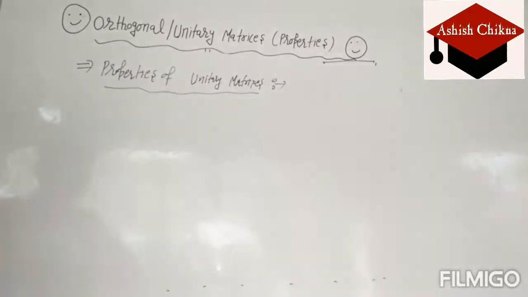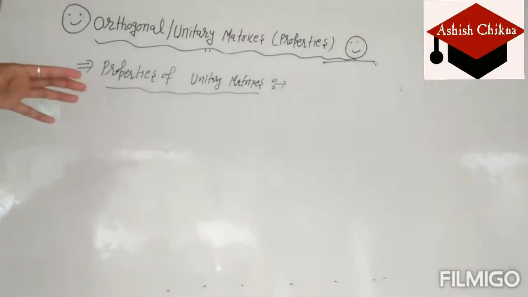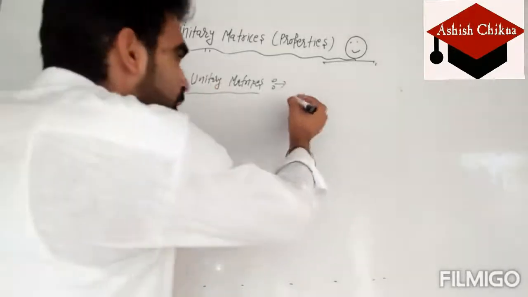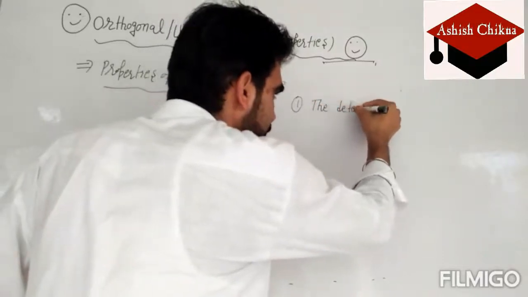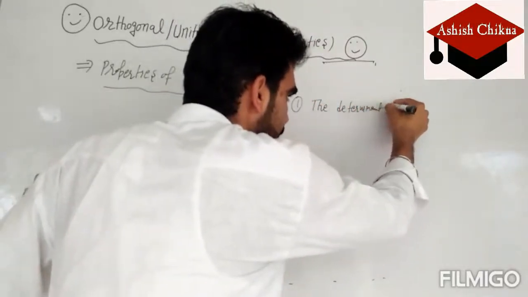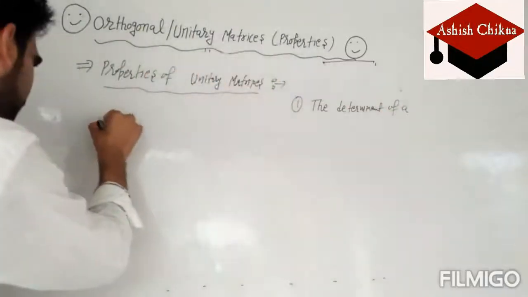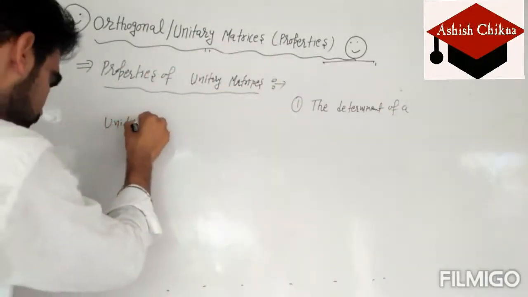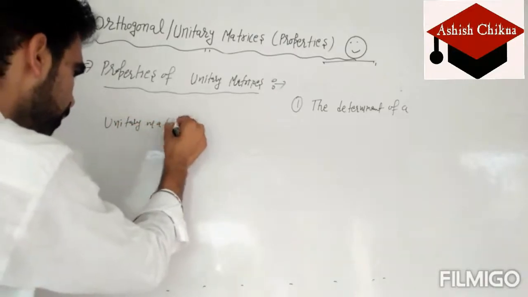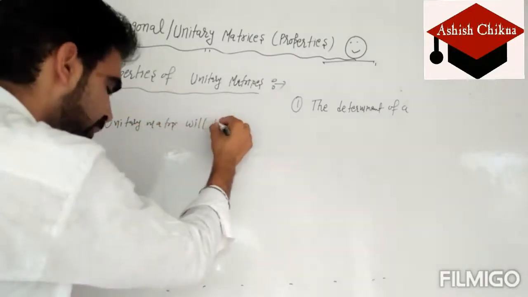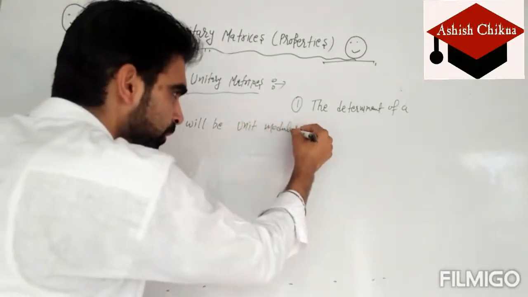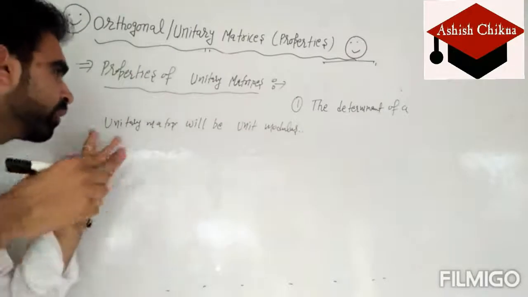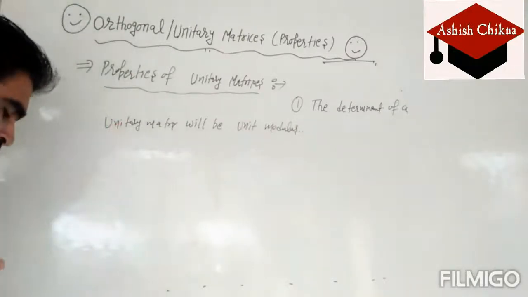The first property concerns the determinant: the determinant of a unitary matrix will have unit modulus.